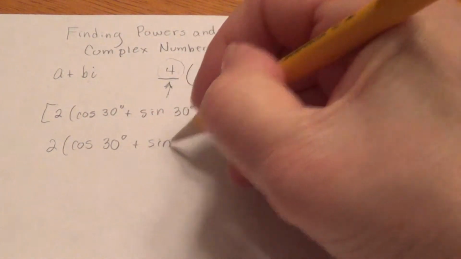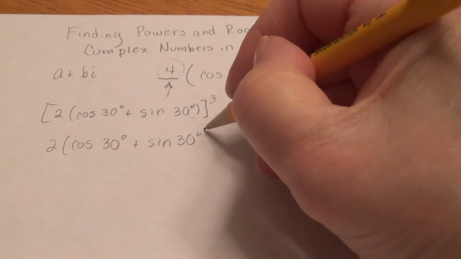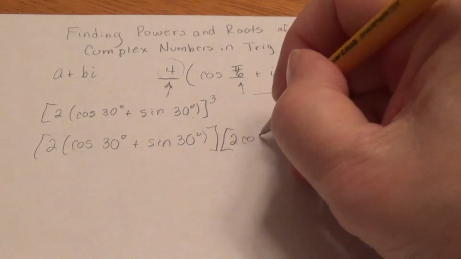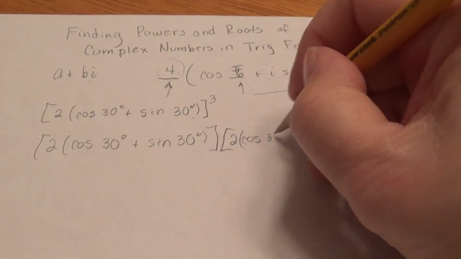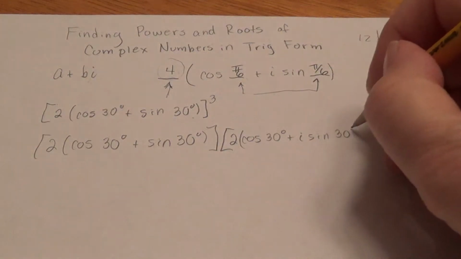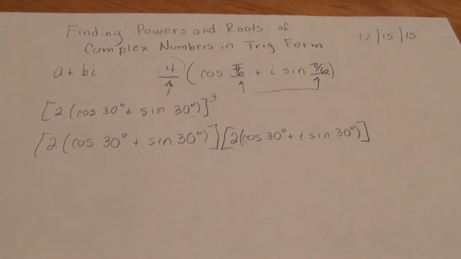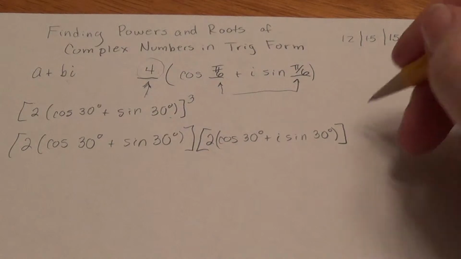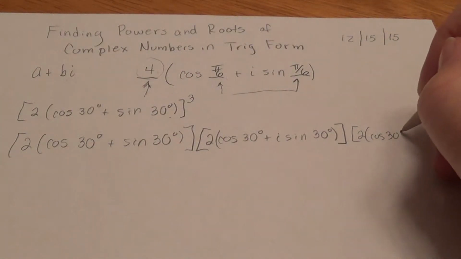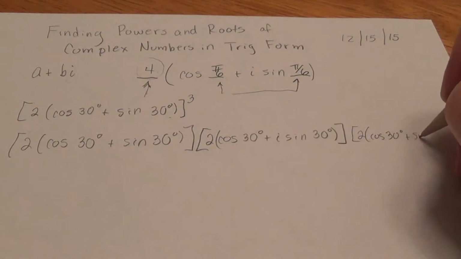So we have this number once, and then this number twice, and then this number once more, cosine 30 plus i sine 30.